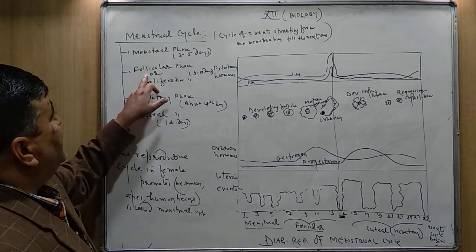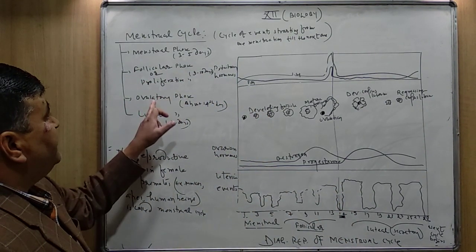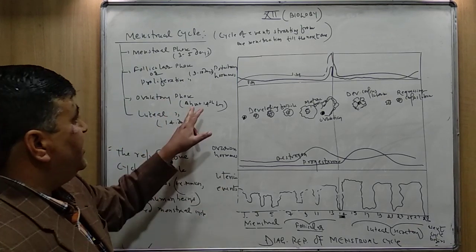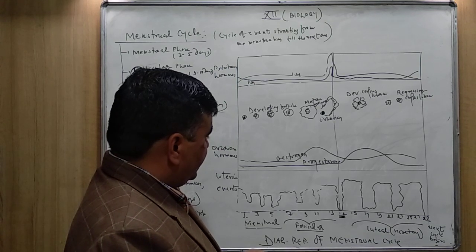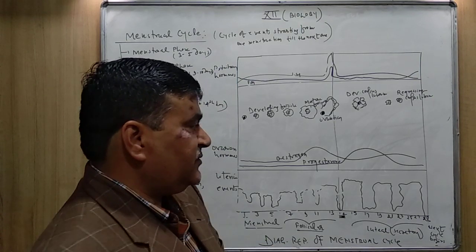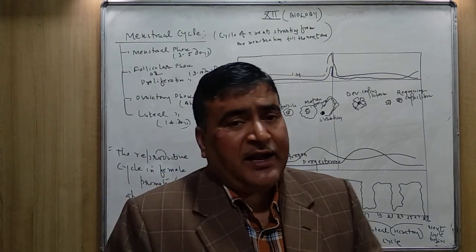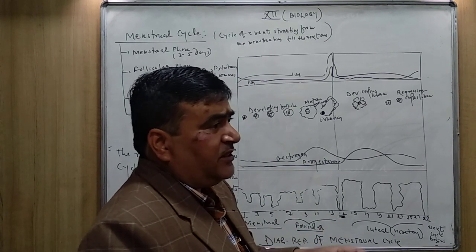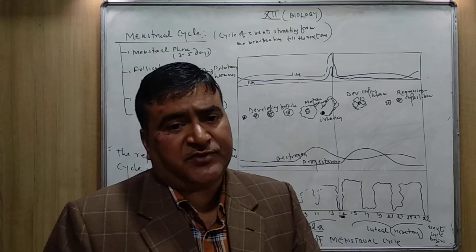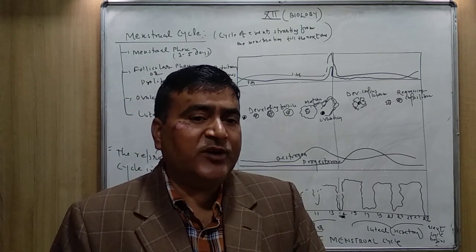Now the follicular phase or proliferative phase is followed by ovulatory phase about 14th day of the menstrual cycle. As I told you, menstrual cycle lasts for 28 days, and the mid of the menstrual cycle, that is the 14th day of the start of menstrual cycle, this is the ovulatory phase.